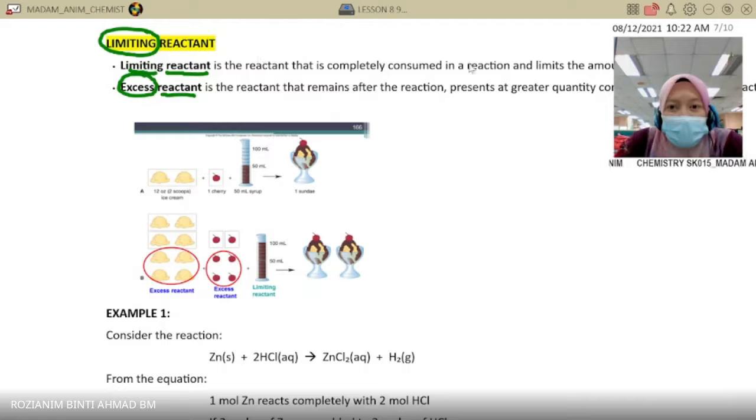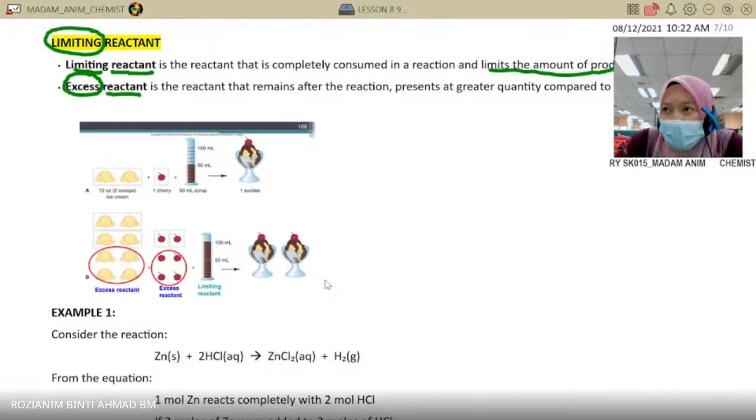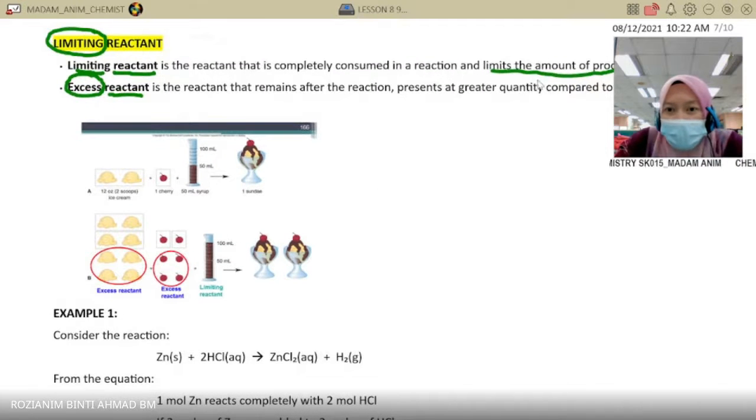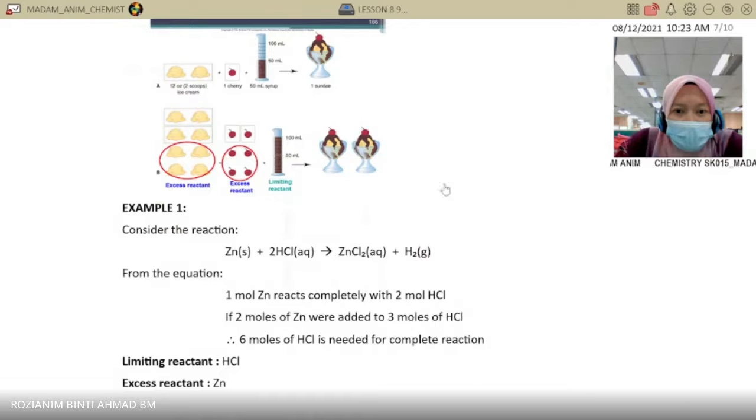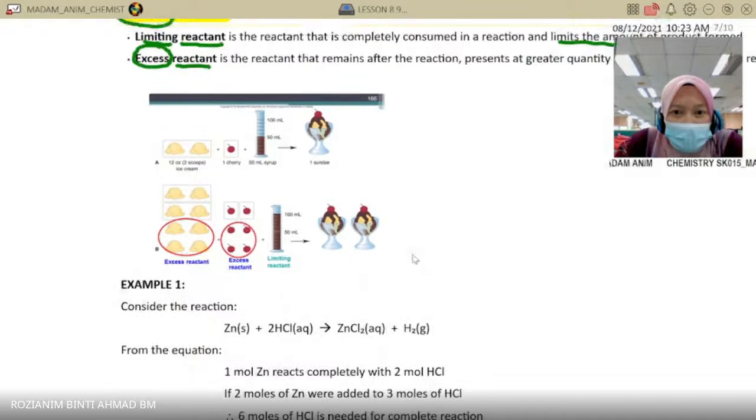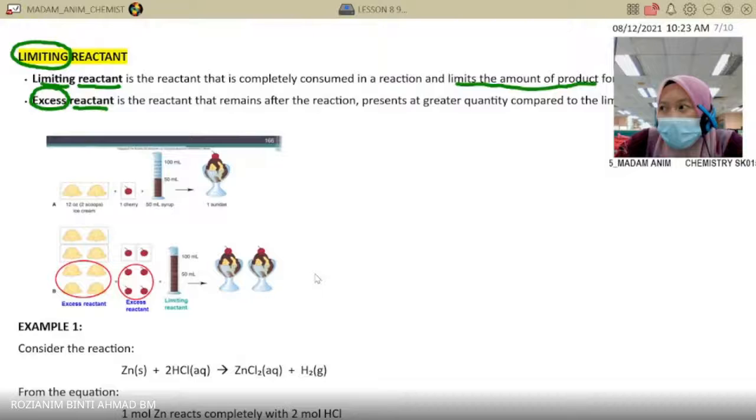Apa fungsi limiting reactant? Fungsi dia adalah limit the formation of the product form. So definition kata, at the end of the reaction, limiting reactant will limit the product form. Contoh, saya cakap tadi, kalau daging burger tu ada 2 sahaja, so maksudnya burger kita hanya ada 2 juga.